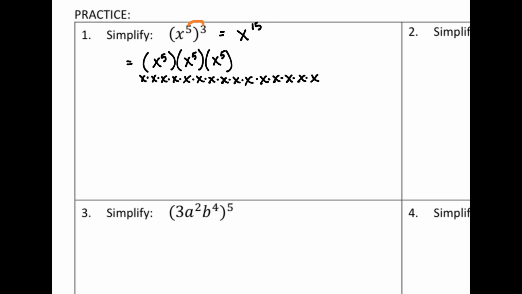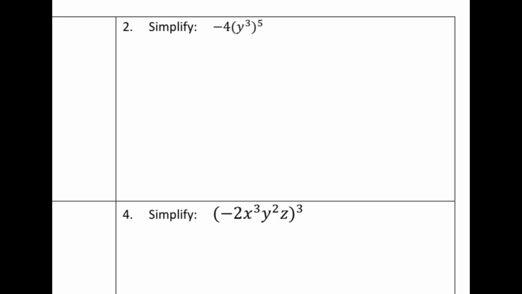Number 2. Again, try it on your own if you haven't. Now this one's important to realize that this negative 4 is not affected by the 5. The exponent of 5 is immediately behind the parentheses, and these parentheses are not around the negative 4.